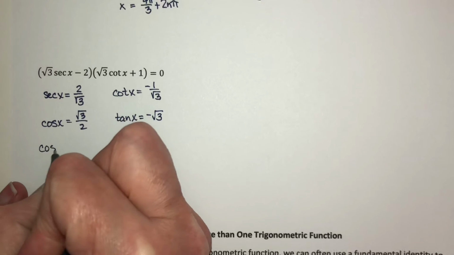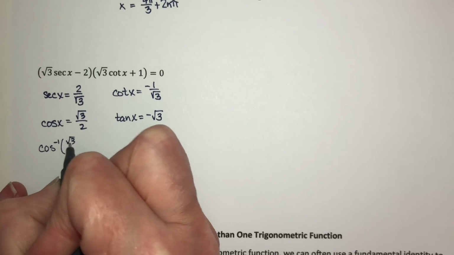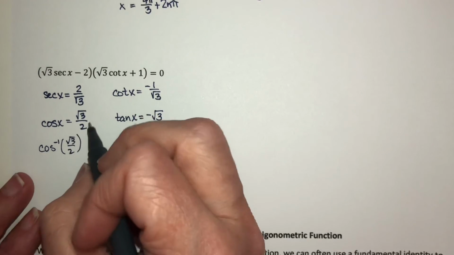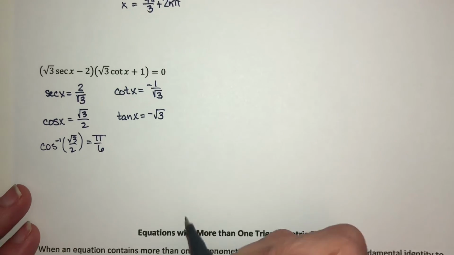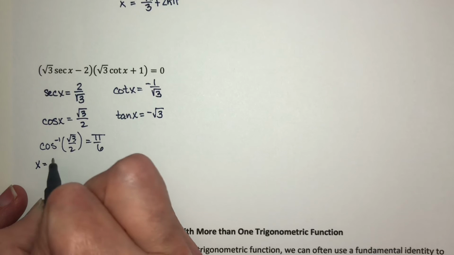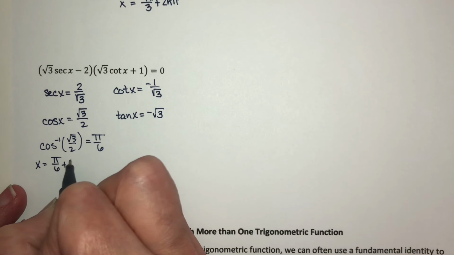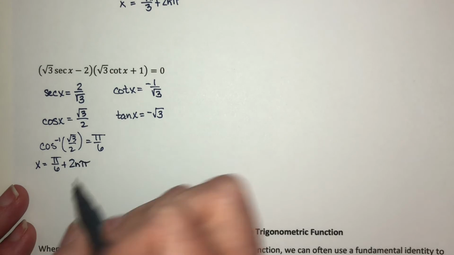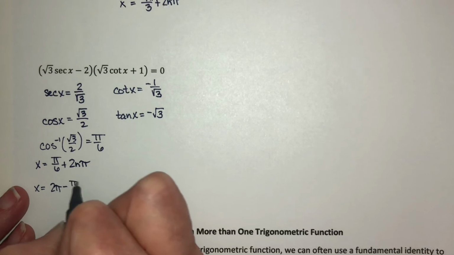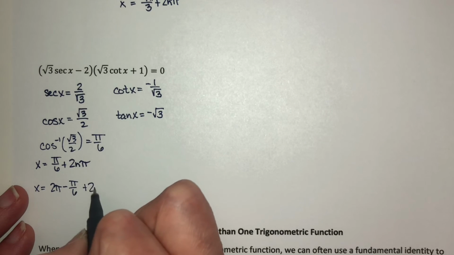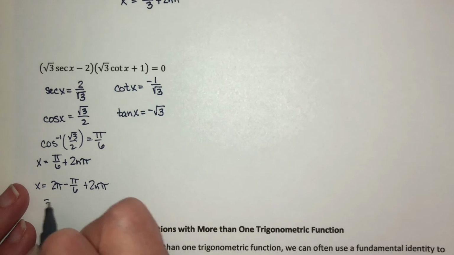Inverse cosine of square root 3 over 2 is pi over 6. So our solutions from this one are pi over 6 plus 2n pi, or 2 pi minus pi over 6 plus 2n pi.